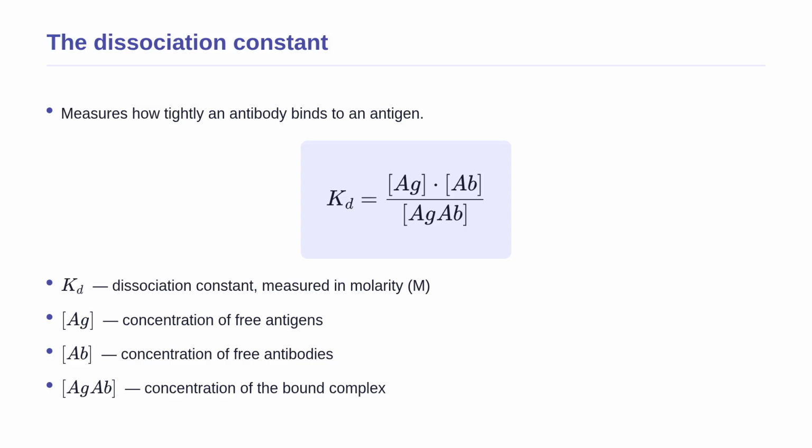The numerator multiplies the concentration of free antigens by the concentration of free antibodies. The denominator is the concentration of the bound antigen-antibody complex. If the value of Kd decreases, it means the denominator is getting larger. Physically, this tells us the antibody binds very tightly and effectively to the antigen. Conversely, a high Kd means the antibody is weak and lets go easily.